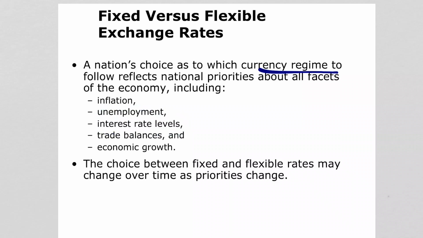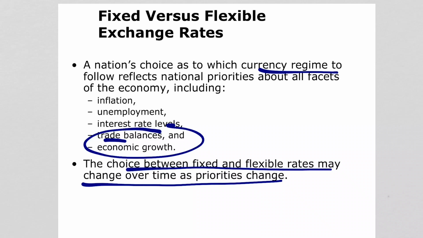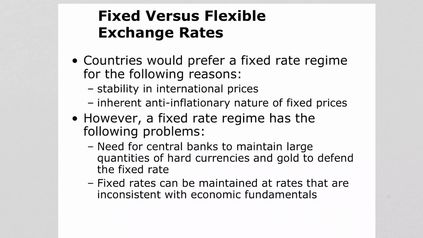For other countries that want to promote economic growth through exports and have a positive trade balance, they may better accomplish that by having a fixed or a pegged exchange rate or semi-pegged exchange rate. And as country policies change over time, so will their exchange rate regime. In general, it's desirous to have a fixed exchange rate regime because you'll then have stable prices.